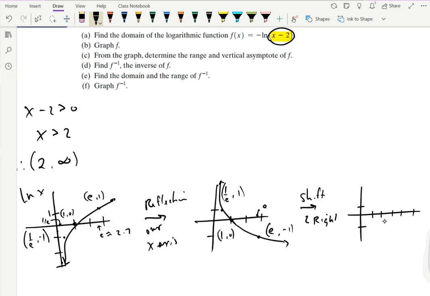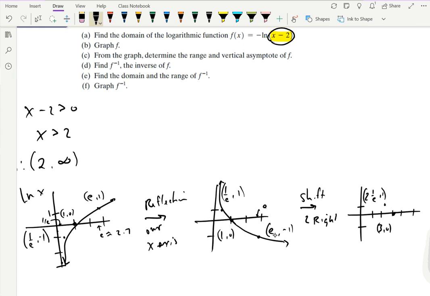So 2 plus 1 over e is going to be about 2 and 1 over e is going to be about in here, so that's going to be 1. That's going to be 2 and 1 over e for the x value. I'm going to end up shifting (1, 0) over to (3, 0).